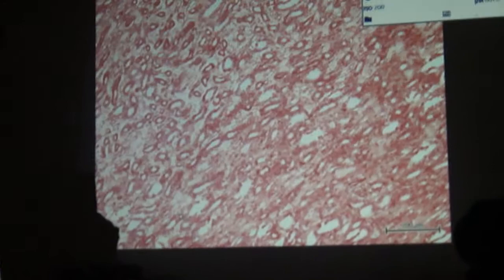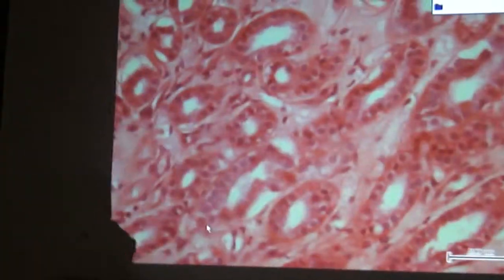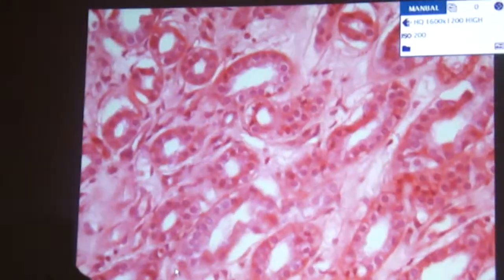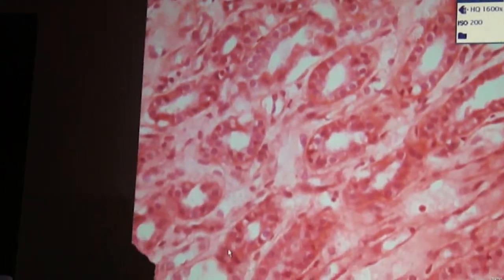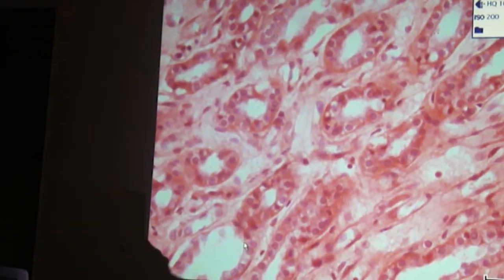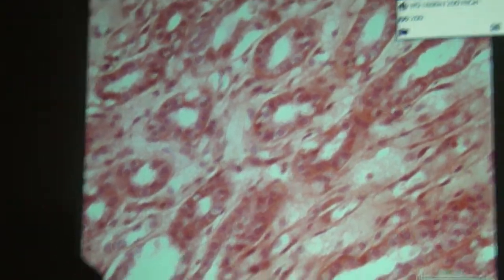Now, what are the structures which will be seen in the medulla? What portion of the tubule? Distal. What did you say? The loop of Henle.